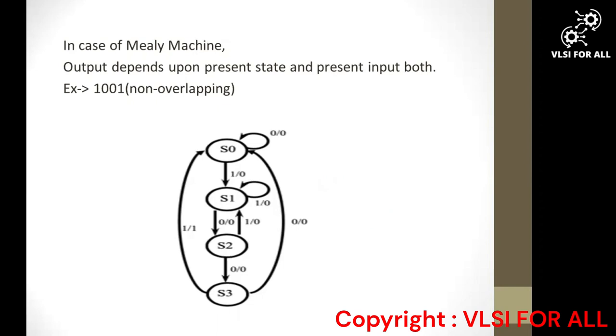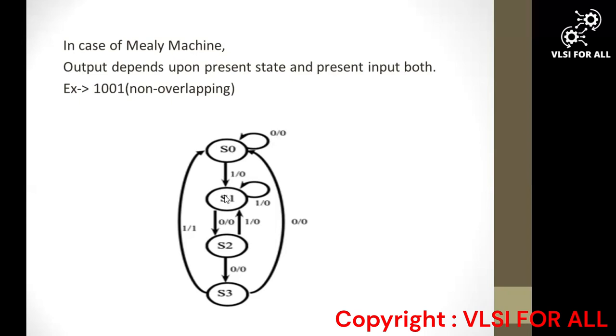So you can see here for S0, when S0 detects 1 as input, then output will remain 0, and for 1 we will move on to S1 because we have to detect 1 here. But when it detects 0, then it will remain on S0 and output will also be 0.